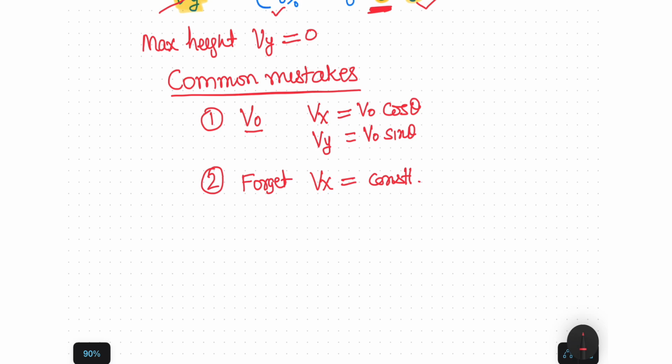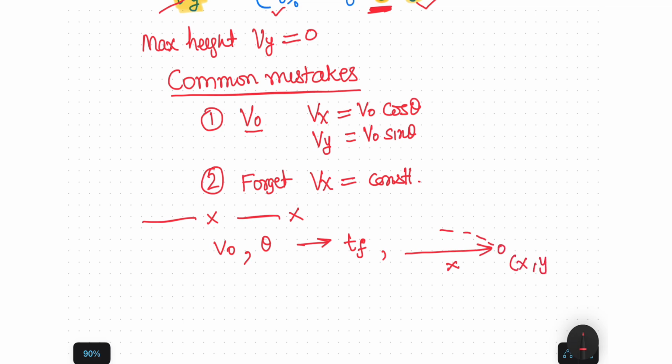Okay guys, so let's see some common types of problems we have to calculate. Sometimes we will be given v naught, the initial speed, and theta, so you have to calculate maybe the time of flight, or how far it will go in the x direction, or where it will drop, finding the coordinates x and y.